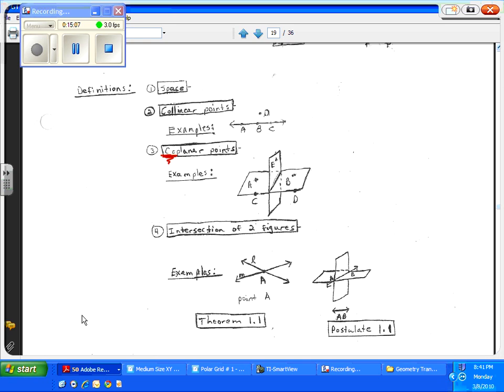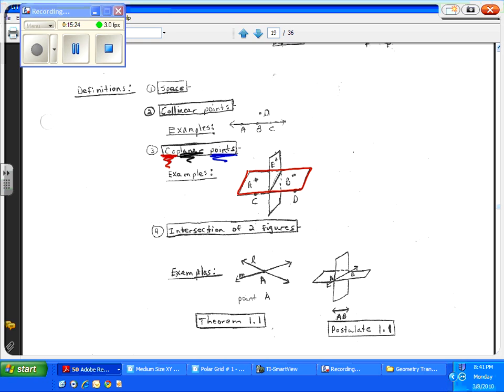If collinear points are points together in a line, then coplanar points would be points together in a plane, points together in the same flat surface.